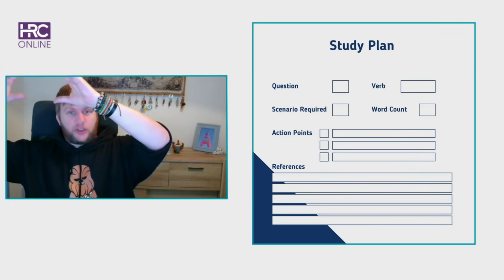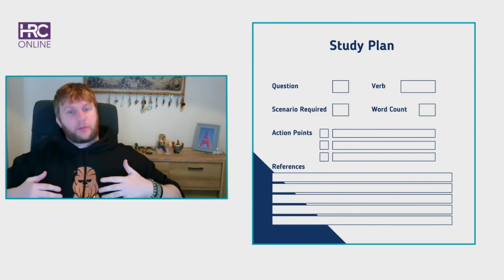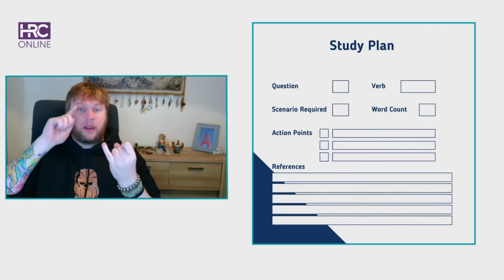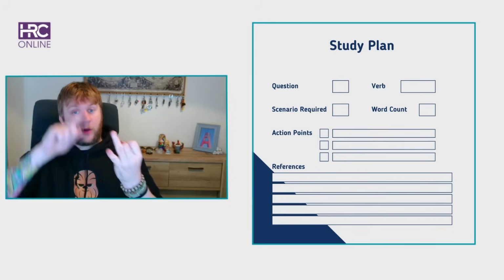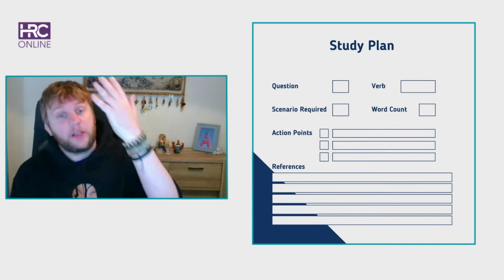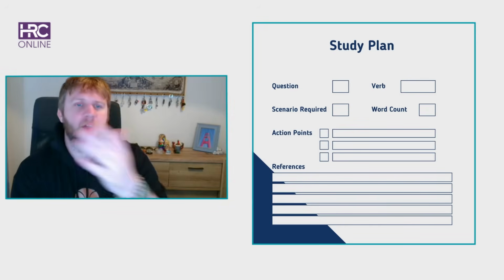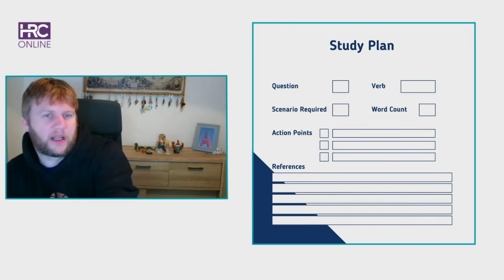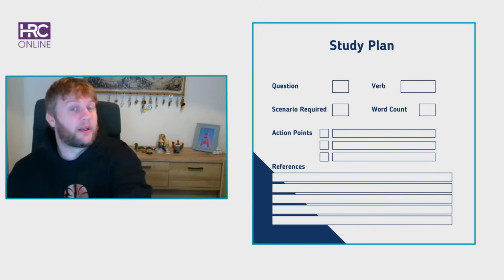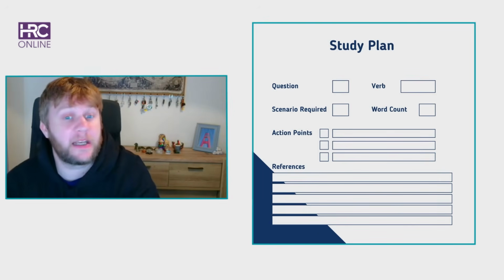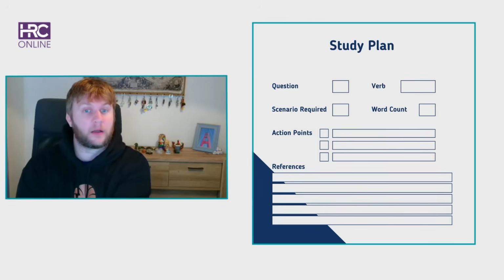You put it here, 1.2, and then you need to break it into action points. So if you're evaluating, you've got analysis tool, that's action point 1, analysis method, action point 2. You need references per action point, so you'll seek references with regards to an analysis tool, and references to an analysis method. Also look for data to prove that they work.